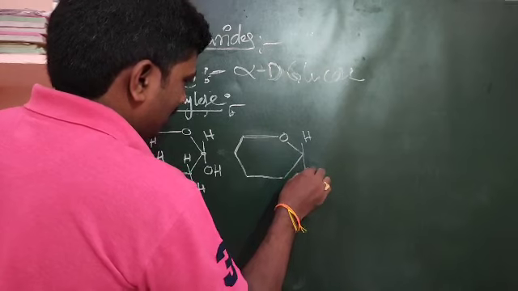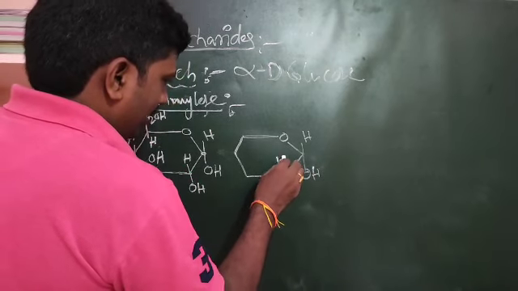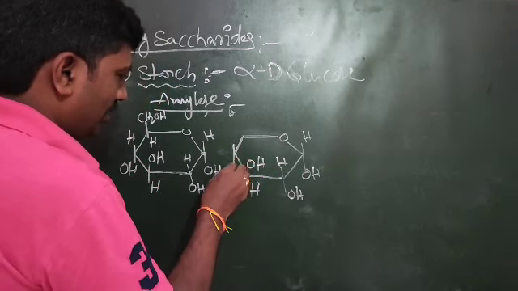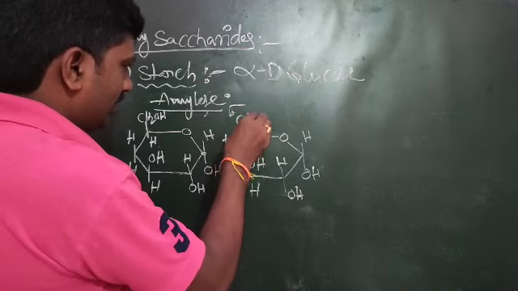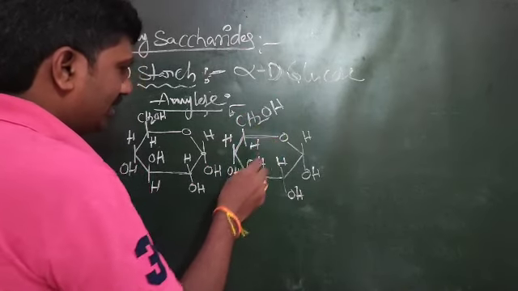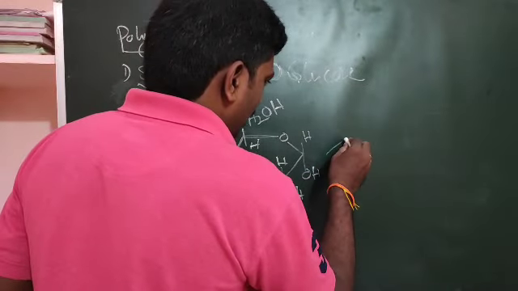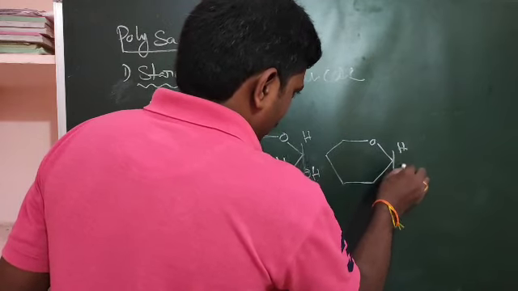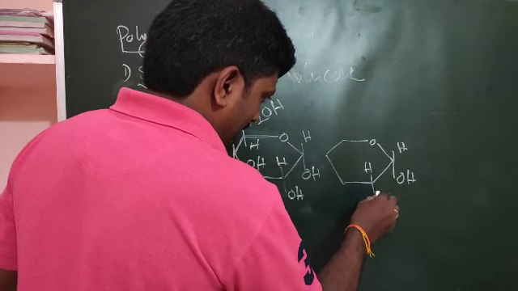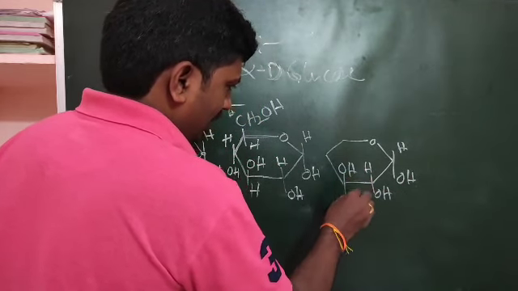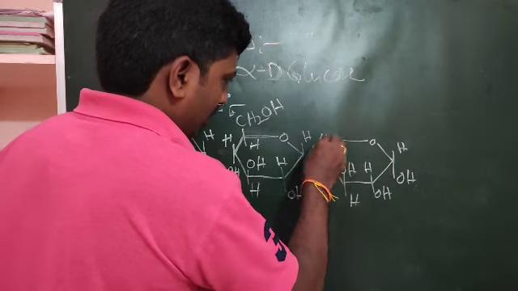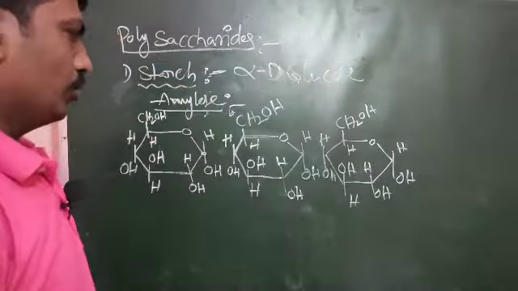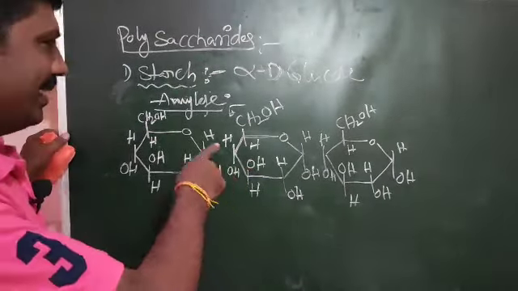Here H, OH, H, OH, OH, H, here OH, H, CH2OH and H. The same for another molecule: H, OH, here H, OH, OH, H, OH, H, CH2OH, here H. So here what I am doing is a straight line.